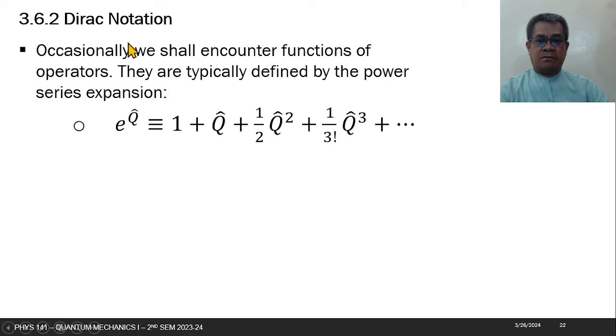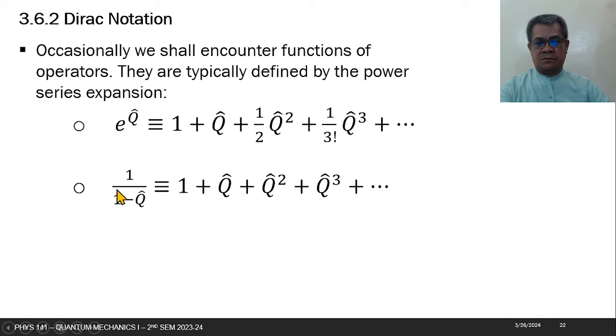Then we have this power series expansion: e raised to an operator Q is equal to 1 plus Q plus 1 over 2 Q squared plus 1 over 3 factorial Q cubed, and so on. For 1 over 1 minus Q, this is just 1 plus Q plus Q squared plus Q cubed, and so on.